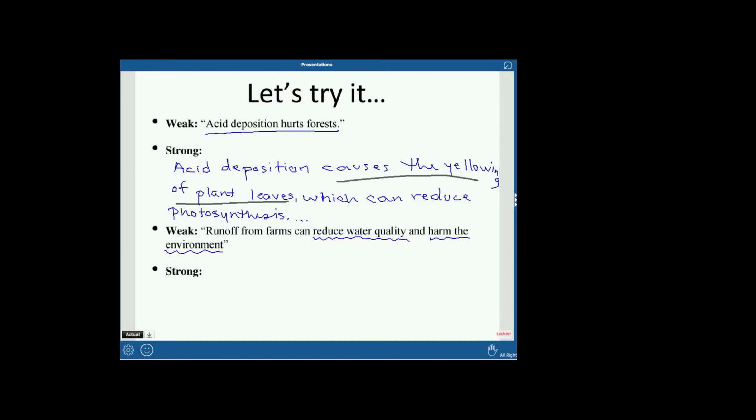Okay, well, if our runoff is lots of particles, or sediments, you can have that sedimentation, which could reduce visibility, which could then reduce photosynthesis for those plants that are growing in the bottom of the waterways.